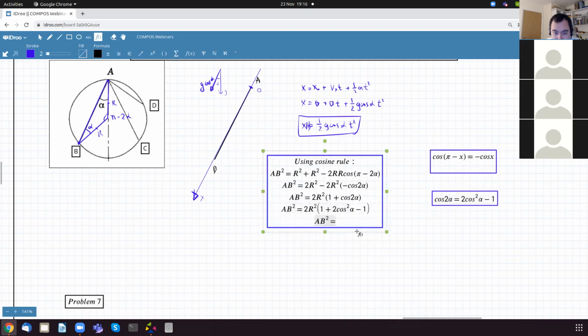And we get AB squared is equal to 4r squared cos squared alpha. This is the distance traveled. So AB is equal to 2r cos alpha.